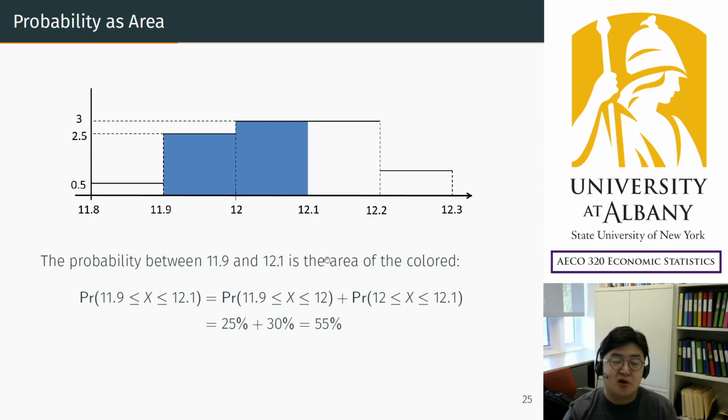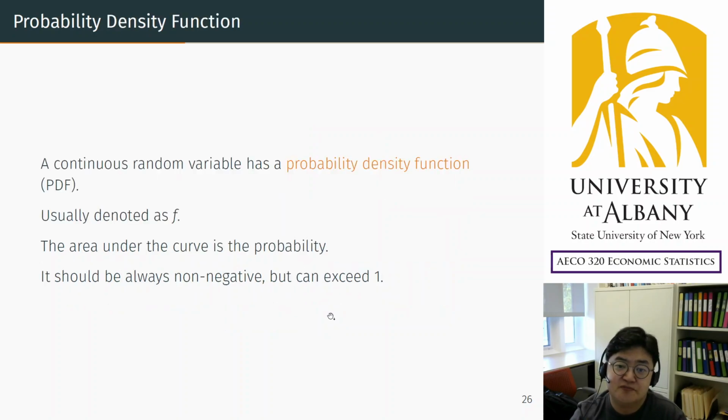This is a more generalized approach to understand probability for continuous random variables, right? So the official name is the probability density function.